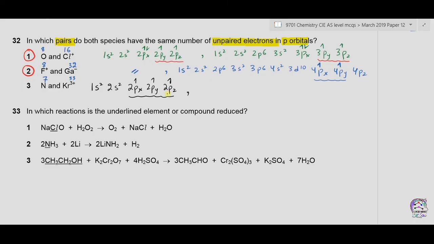Now for Kr+ we have 33 electrons, so the electronic configuration will be 1s2, 2s2, 2p6, 3s2, 3p6, 4s2, 3d10, then we have 4px, 4py, 4pz. As 30 electrons are already filled up to 3d10, there are 3 electrons left, 1, 2, 3. Again we have 3 unpaired electrons, so 3 is also a correct option. As all 3 options are correct, the answer is A.